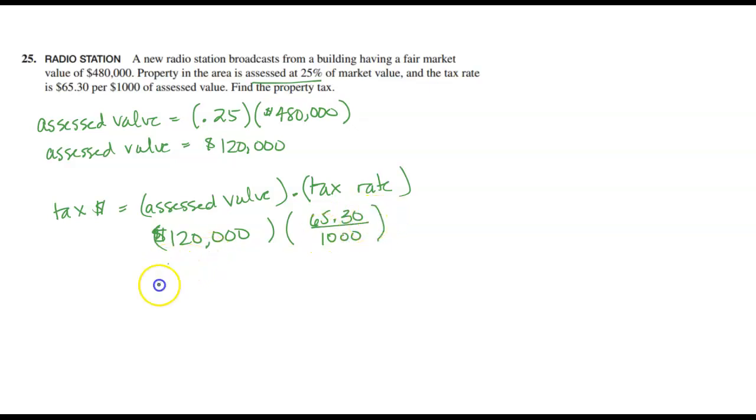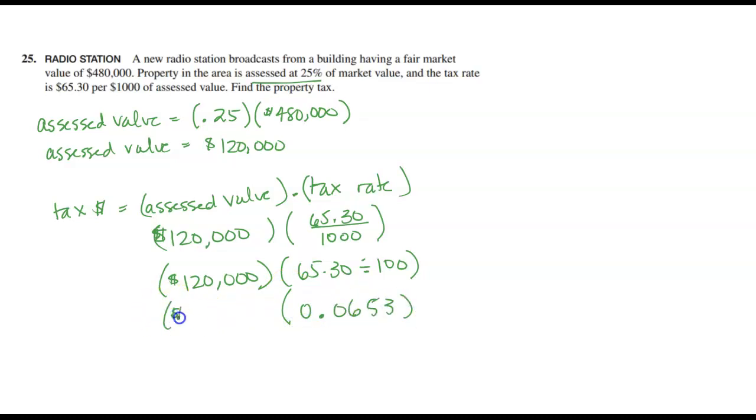And don't forget from those previous questions that fraction bar means divide. So we're going to take $65.30 divided by 1,000. And after I get that amount, I'm going to multiply by the 120,000 of the assessed value. And I get a total tax amount of $7,836.